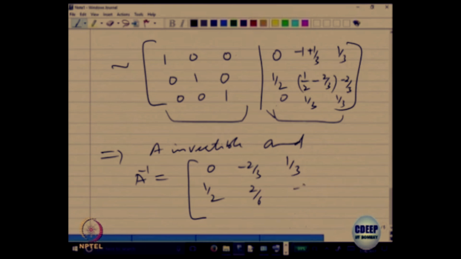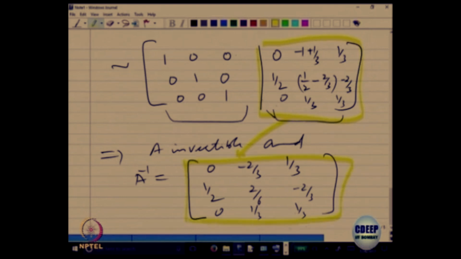Anyway, doesn't matter. Simplify, 1 by 3, 1 by 3. Right? So we are just saying that this part is precisely the inverse.